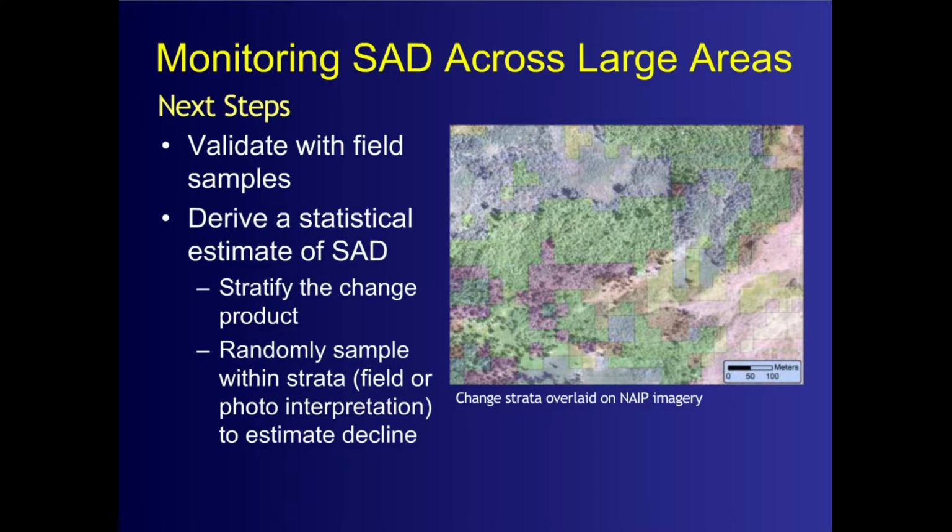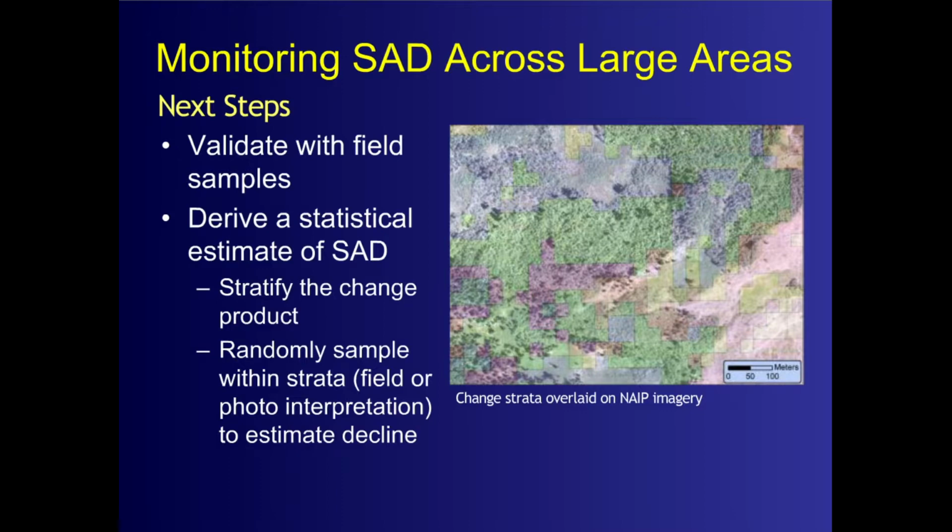One way I would recommend taking this to the next step is to stratify that change detection layer that I showed and divide it up into maybe 10 equal interval strata. And then within each one of those strata, go out and randomly sample with either field data or potentially photo-interpreted data.